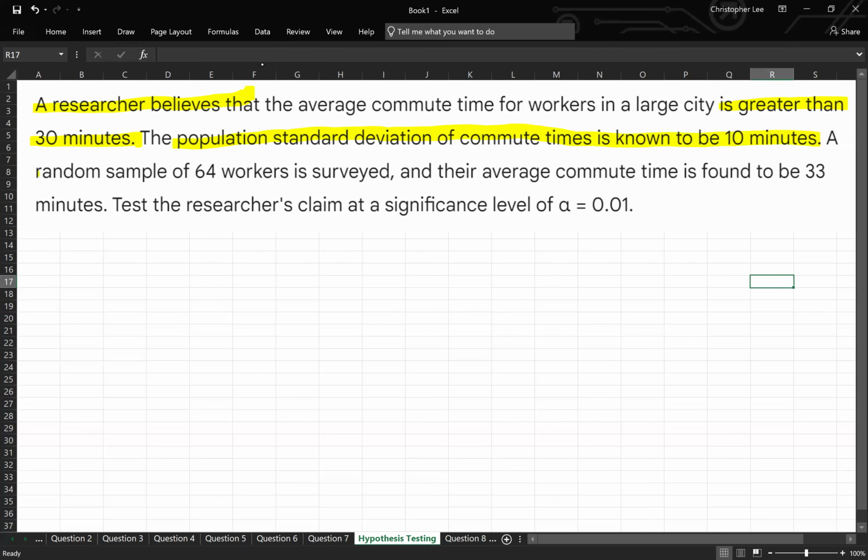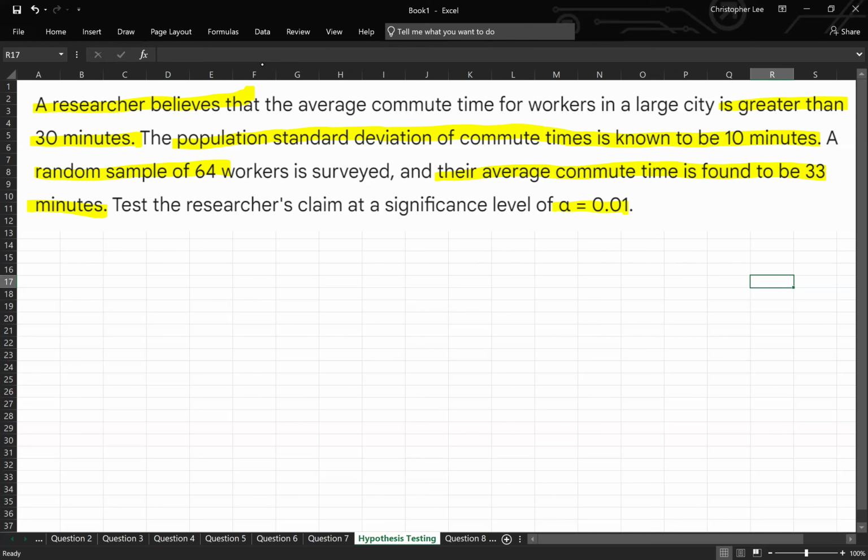A random sample of 64 workers is surveyed, and their average commute time is found to be 33 minutes. Test the researchers' claim at the level of significance alpha equal to 0.01.